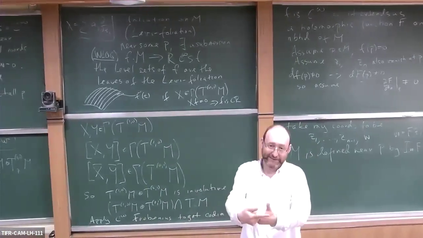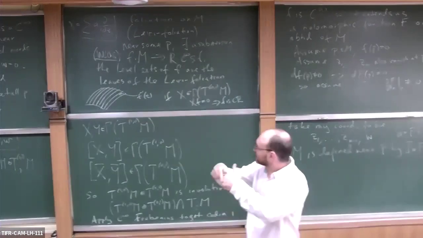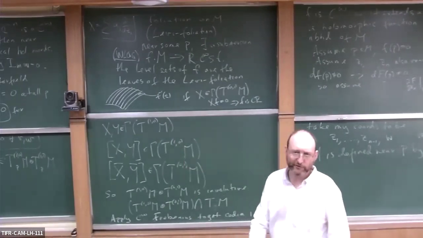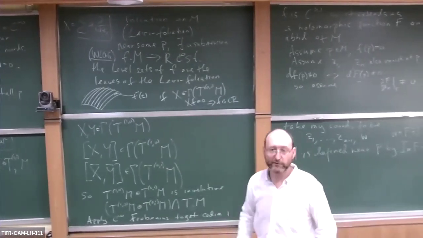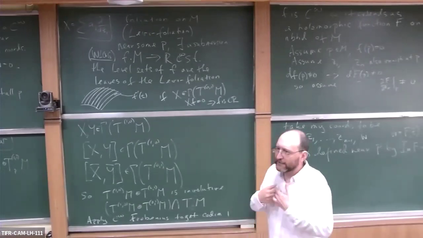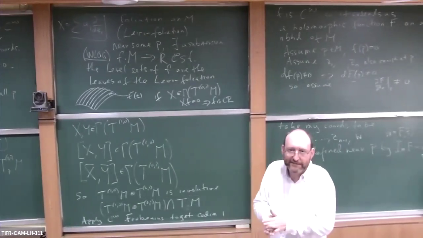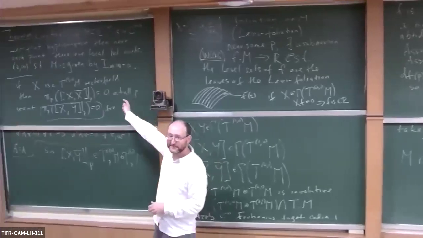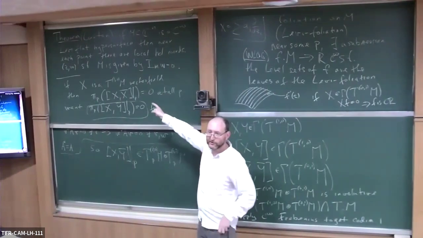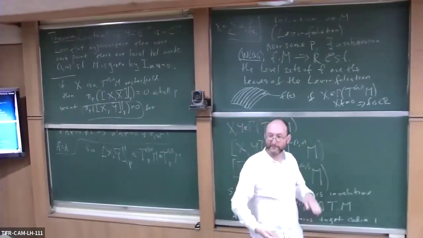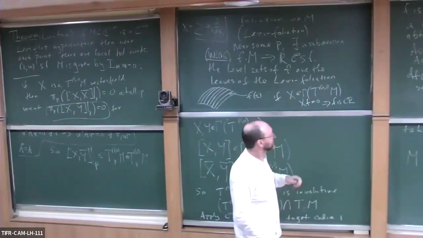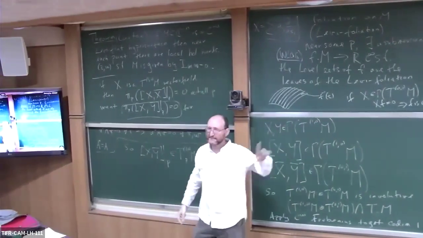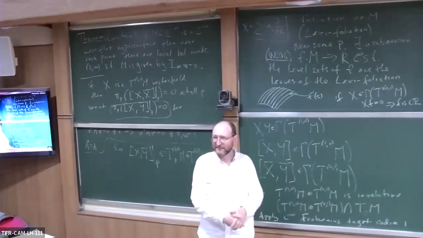So yeah, you can do it smoothly, right? But if you're doing it smoothly, it's not a biholomorphic change of coordinates. It's a CR diffeomorphic change of coordinates. So as a CR manifold, if you don't want to do it biholomorphically, then this is true: that it's CR diffeomorphic. That means there's a smooth CR diffeomorphism that makes this equivalent to the smooth Levi-flat.